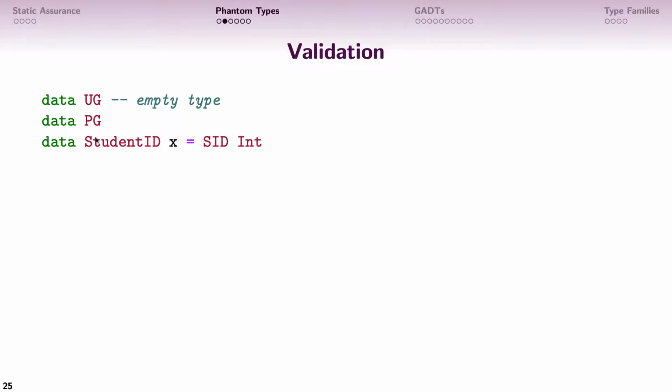So in order to encode that undergraduate or postgraduate information, I first add an extra parameter x to my student ID type, and then I define two empty data types, i.e. data types that have a type but no values associated with that type. So UG is just a type that's empty, and it's just used as a tag to fill in for this x parameter, right? So it's just introducing two type names that I'm going to use for x, and they're not actually going to be used as individual types by themselves.